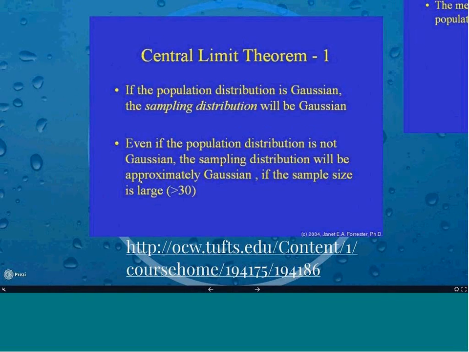But the second sentence, even if the population distribution is not normal, that means when we talk about the population of Malaysia in terms of income, the distribution is not normal. It may tend to be skewed to the right. Meaning those with million salaries are few, while the bottom billion earn RM900.